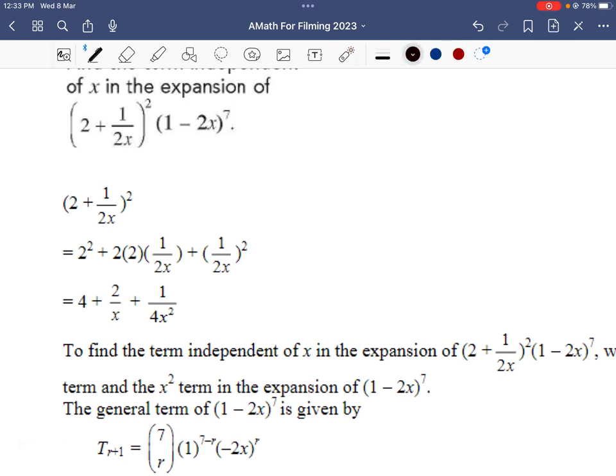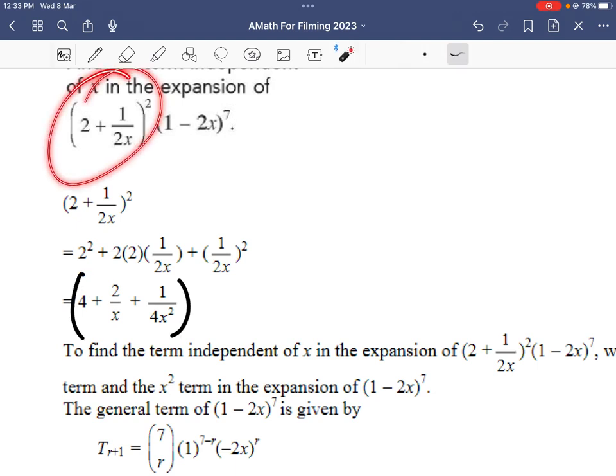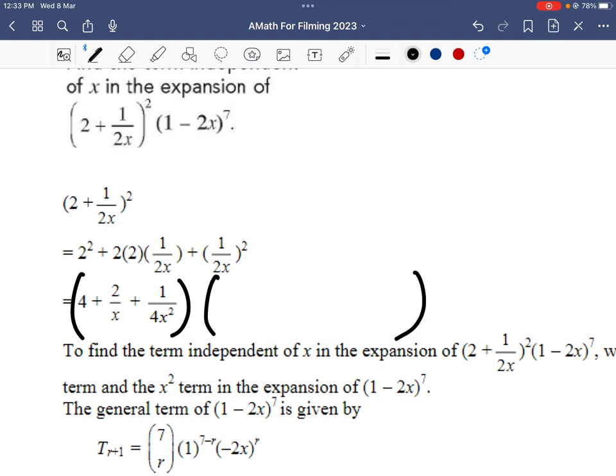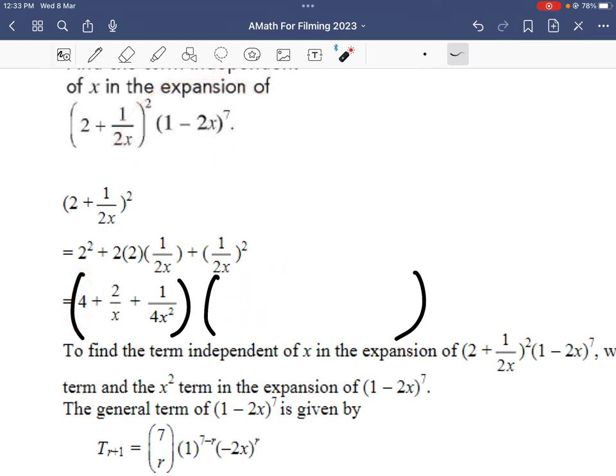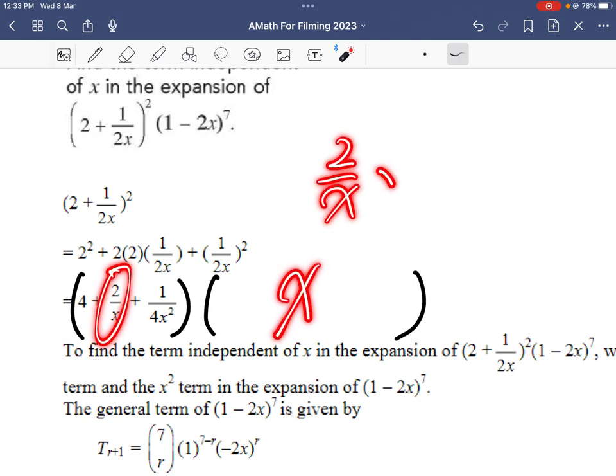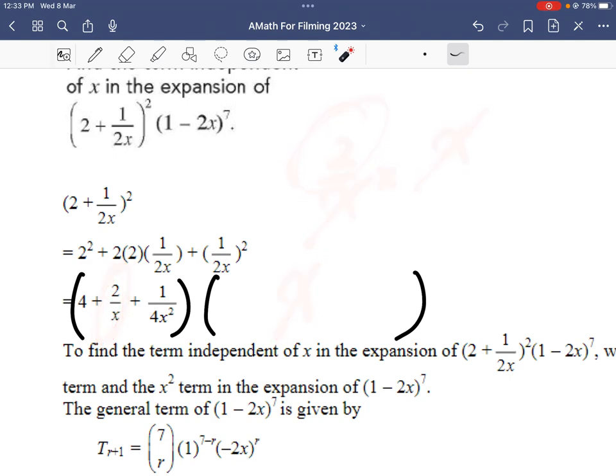Slowly. This is the first bracket, which is here. For the second bracket, what I'm saying here is this: the 4 will need to interact with an x to the power of 0 term. So the term from here that has no x, so that you get a number. This term 2 over x needs to interact with an x term, because 2 over x times x, you eliminate to just give you a number.